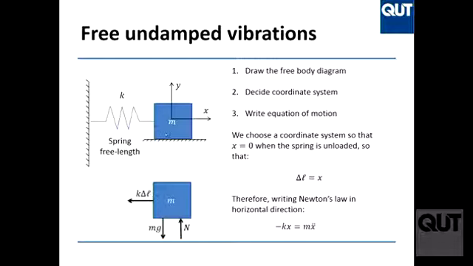Well, delta L is equal to x. The elongation of the spring is equal to how much I move that mass, obviously, if the mass is attached to the spring. Do you agree? So I end up with minus kx, because this force is going the other way, equal to m x double dot.